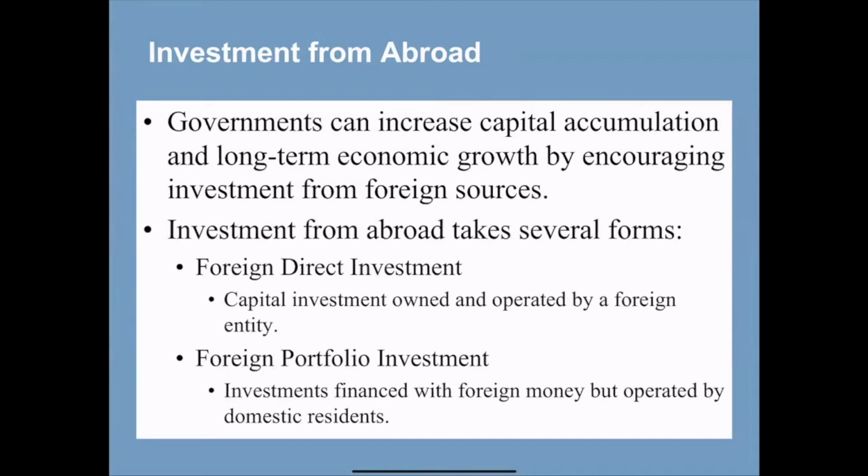The first one is foreign direct investment. You may have seen this, right? The FDI. Have you seen this term? So this stands for foreign direct investment. And the second one is foreign portfolio investment. What is the difference between the 2? Which one is more important to the economy?